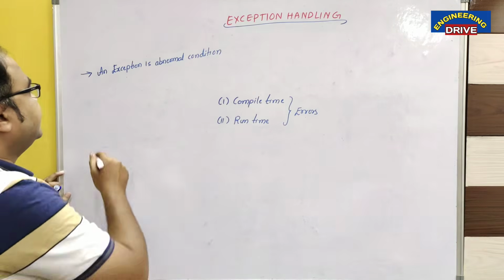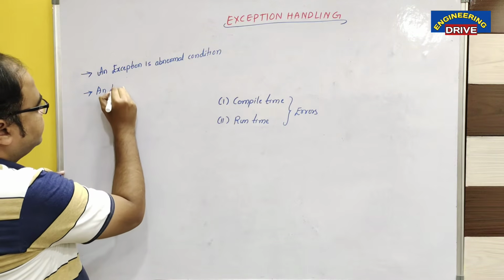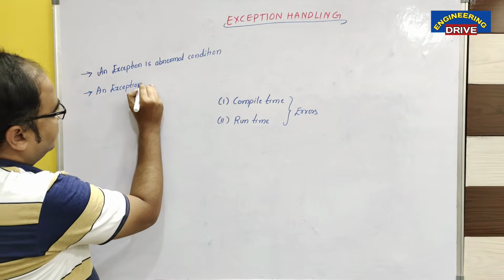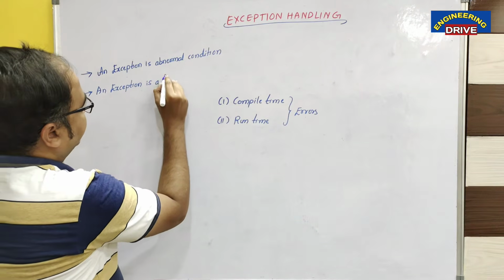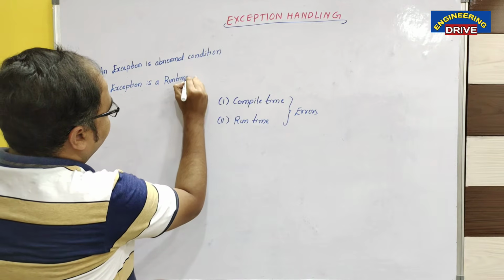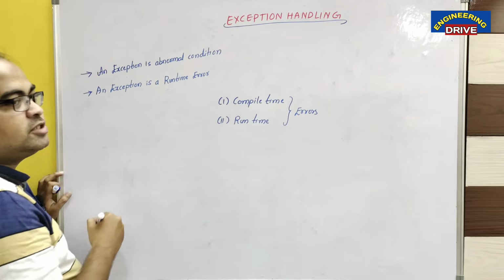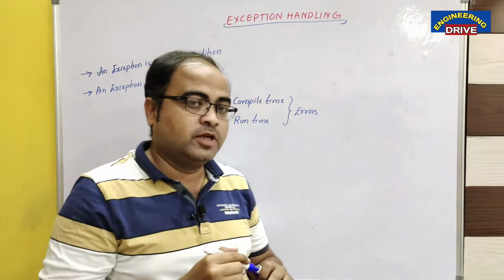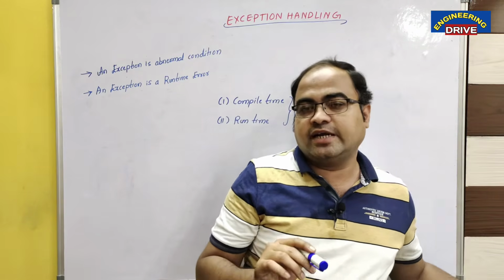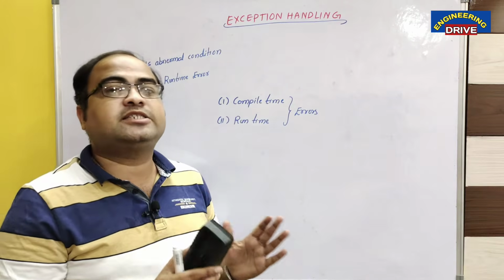Or one more standard definition: an exception is a runtime error that occurs during the execution of a program. These errors cannot occur during compile time. These errors occur during the runtime of a program. That's why we call them exceptions.